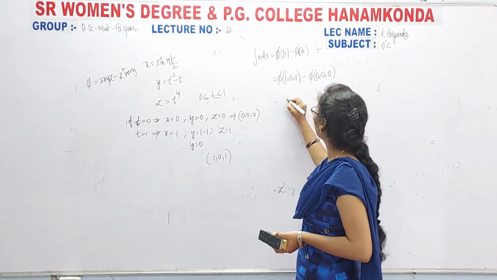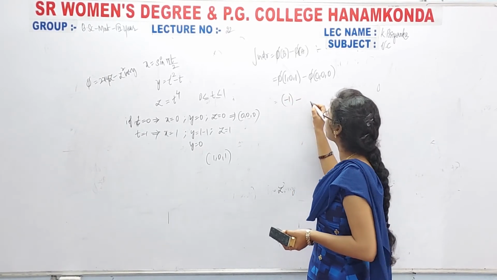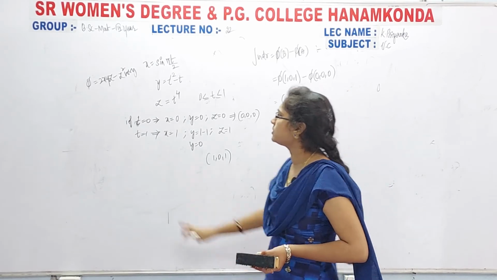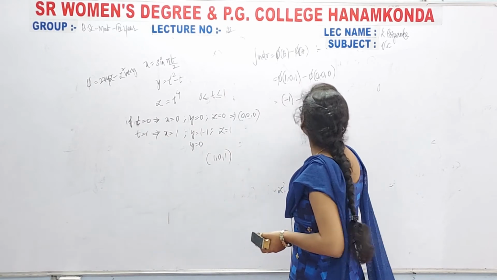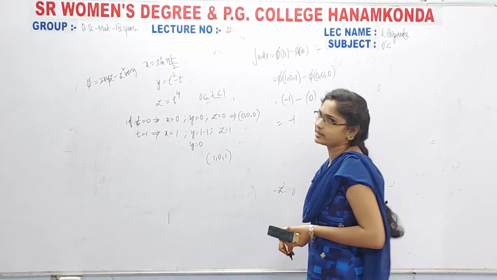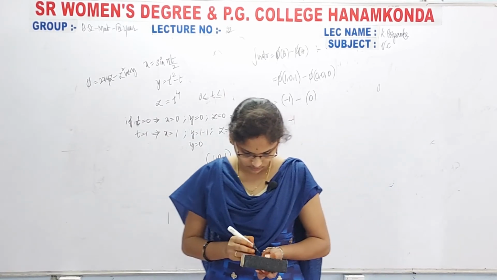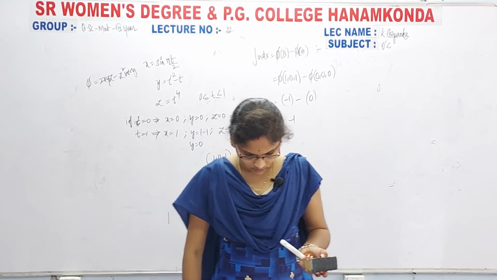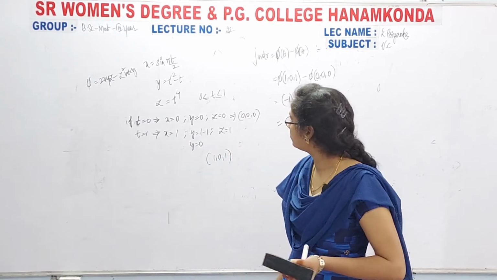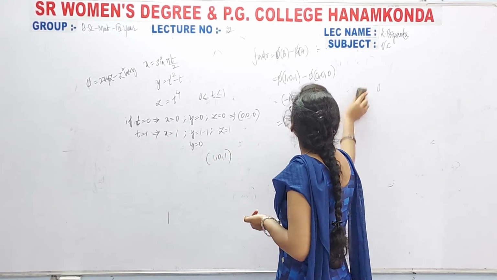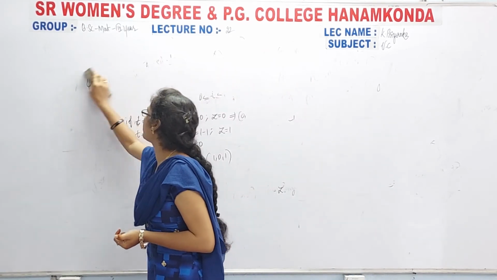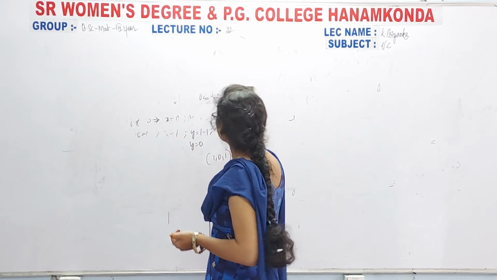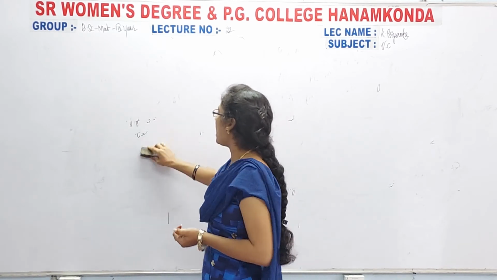So it is nothing but minus 1 minus phi of (0, 0, 0), which is 0, since 0 into something will be 0. So it is nothing but minus 1. Like this also you can calculate. Once calculate this one, because I gave the homework also in this one. So once try it, otherwise I will send it.